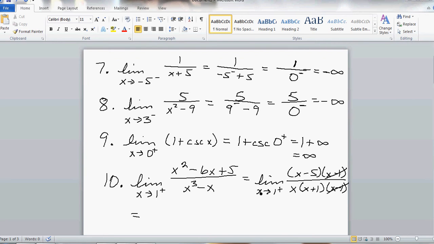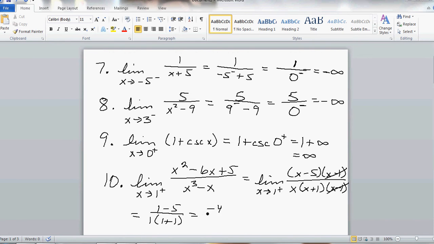The limit as x approaches 1 exists. So it doesn't matter if it's the limit as x approaches 1 from the right or the left, or just approaches 1, because we can find any of those. So it's just direct substitution. 1 minus 5 up here, 1 times 1 plus 1.